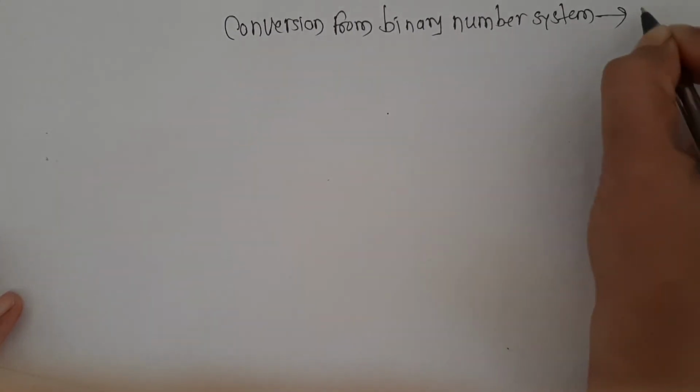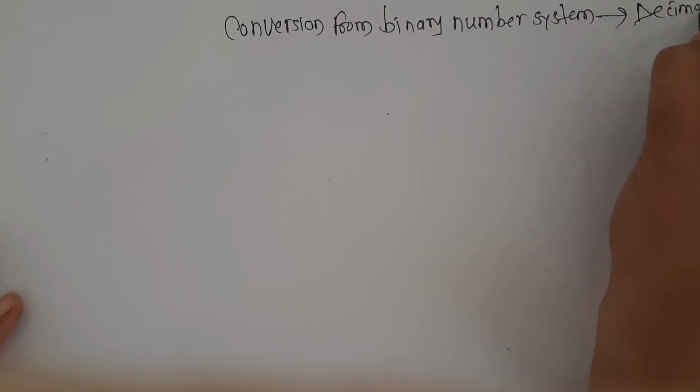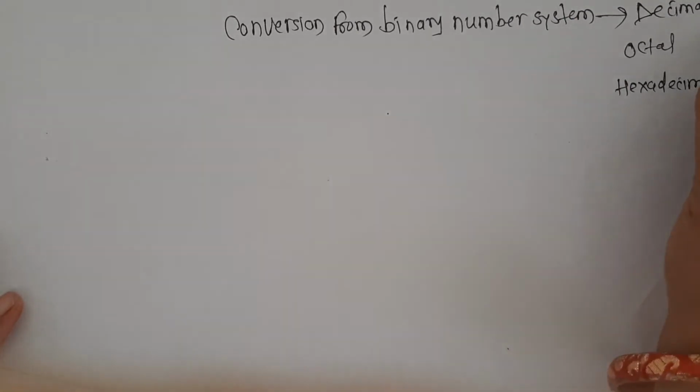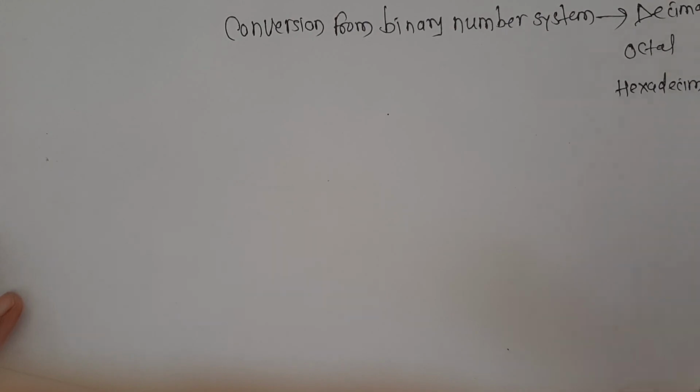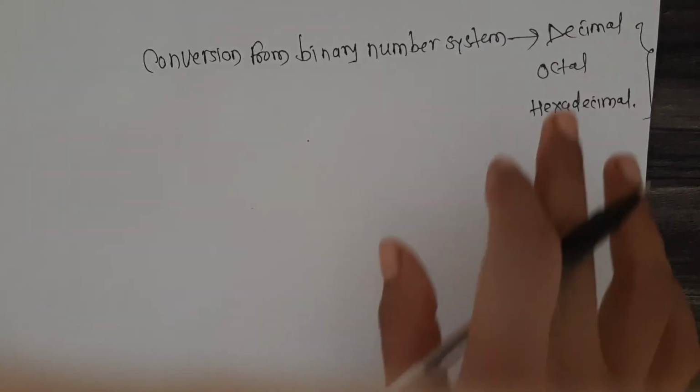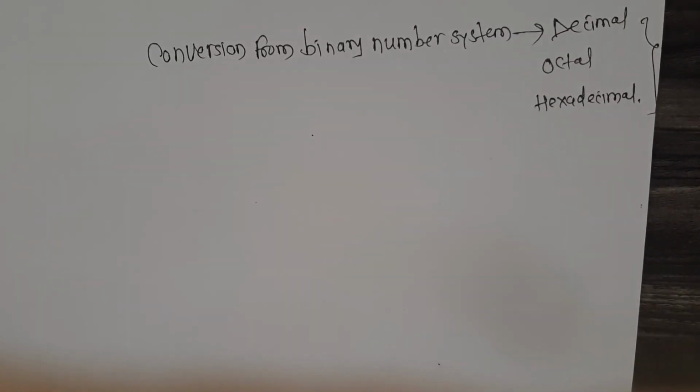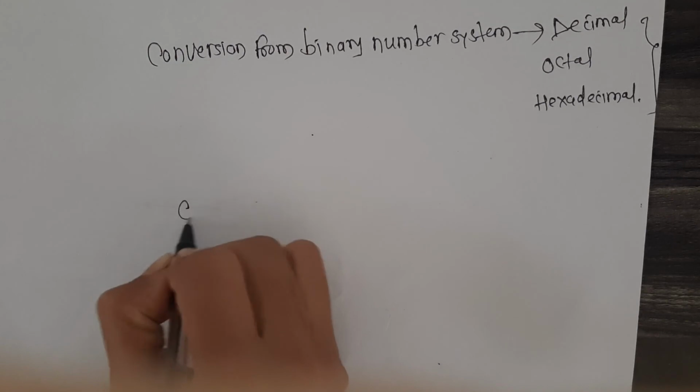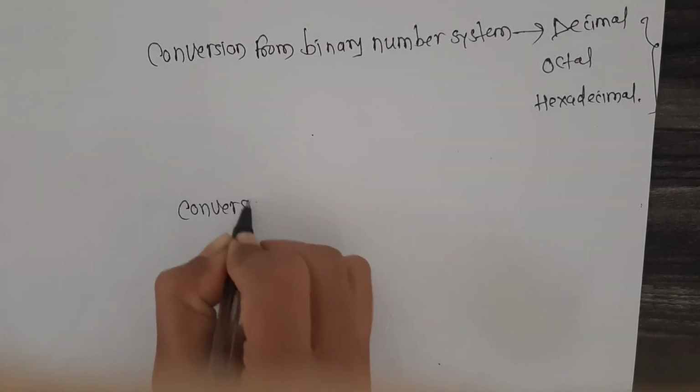Which others? That is decimal, octal, and third, hexadecimal. In the next lecture we are going to see these 3 conversions, from binary to decimal, octal, and hexadecimal.